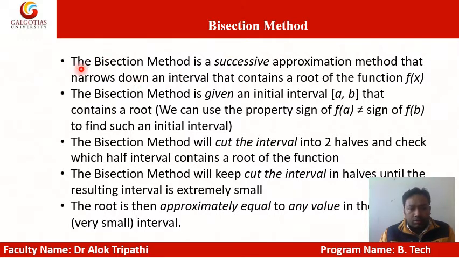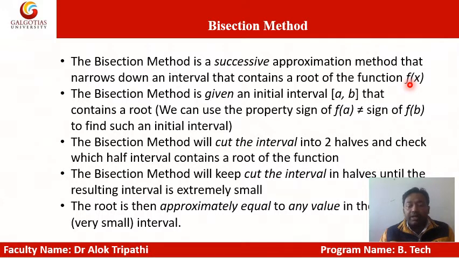So what is the bisection method? It is a successive approximation method that narrows down an interval that contains a root of the function f(x). It means first we have to find the interval which contains the root of the function f(x).